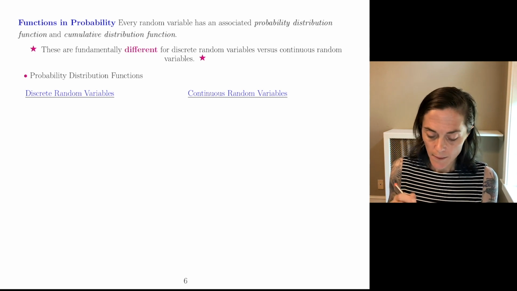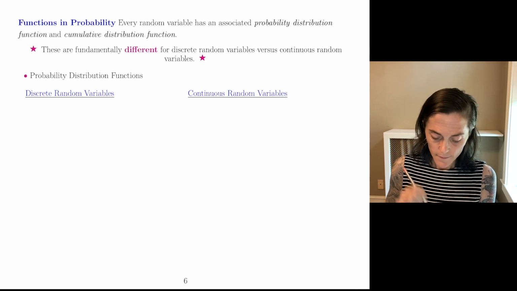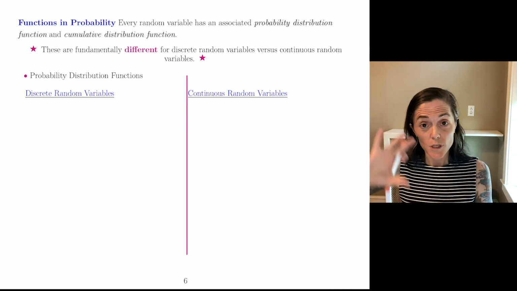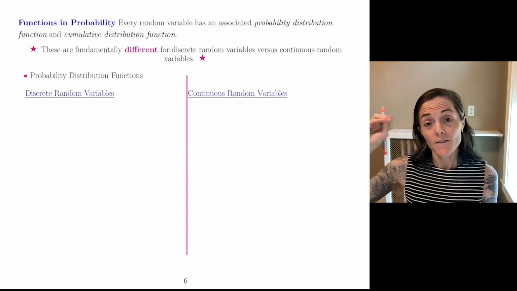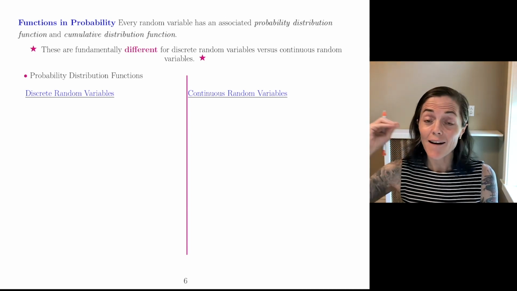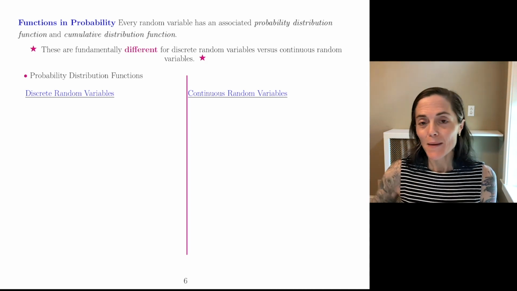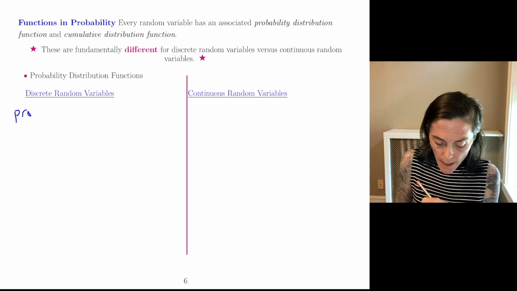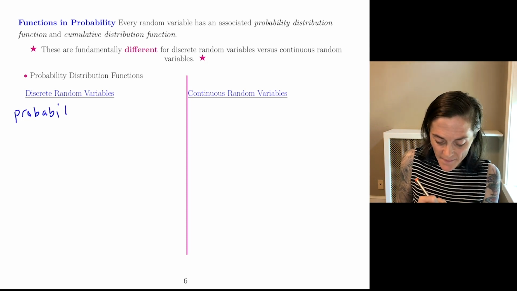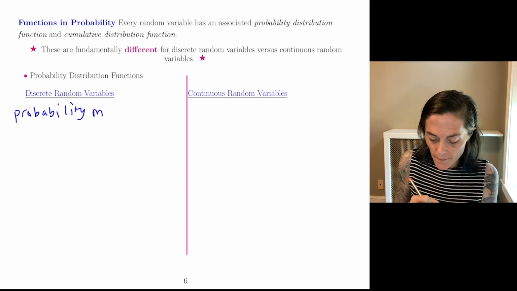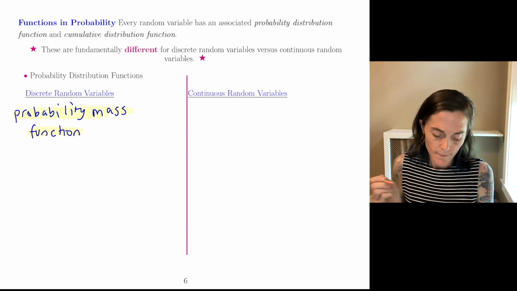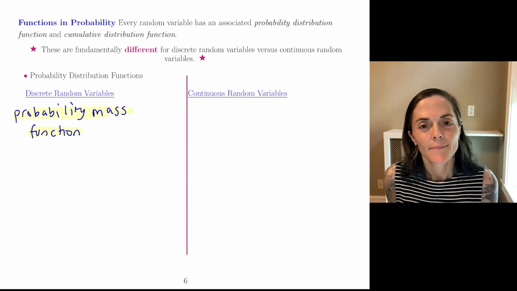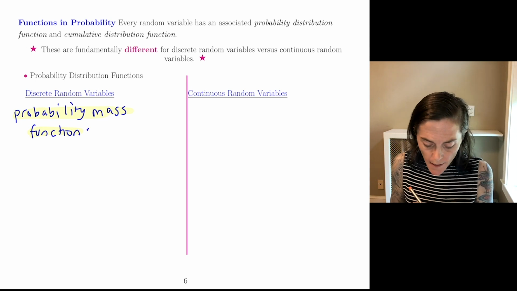So let us begin maybe with the easier one, which is a discrete random variable. So in this world of discrete random variables, think the values your random variable can take are a finite set, or maybe something like the integers. Okay, we have what is called a probability mass function. And it's quite simple to define.